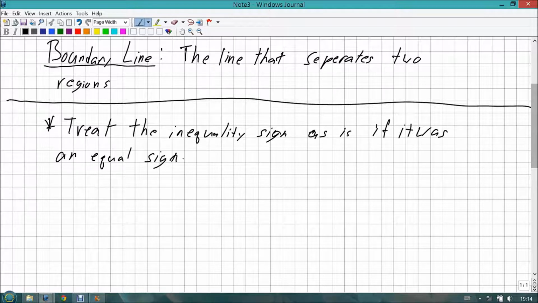This is the best trick that I can give to you to help better understand what's going on. When we do these equations, when we graph these lines, well, they're really just lines. You're looking at y equals mx plus b again, except this time you've got Pac-Man running around.